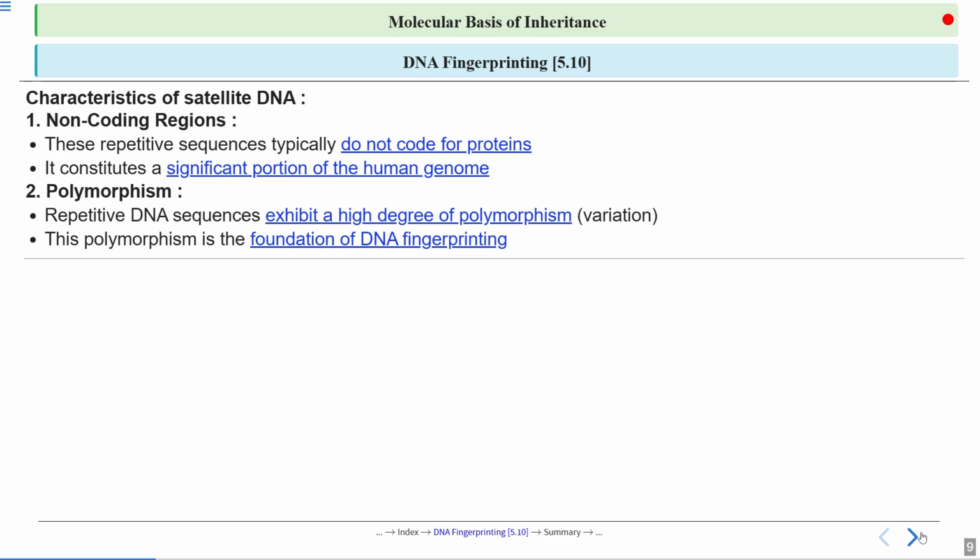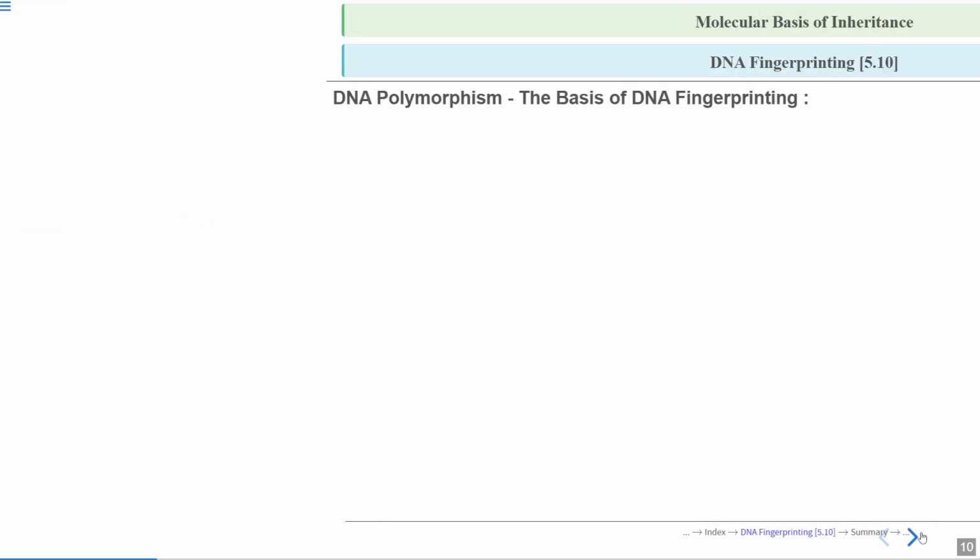It is a non-coding region, meaning these repetitive sequences do not code for protein, and it constitutes a huge amount of the human genome. The basis, the foundation of fingerprinting, came out to be that this repetitive DNA sequence exhibits a high degree of polymorphism, meaning they show variation among individuals in a population.